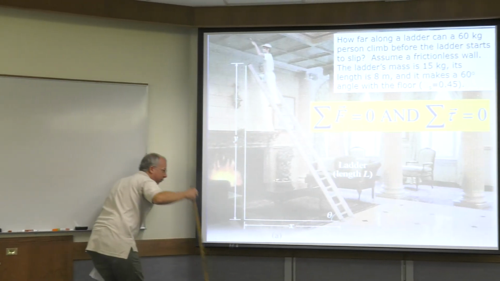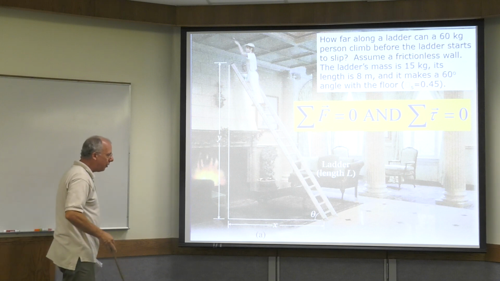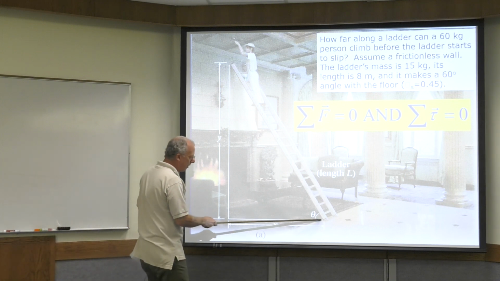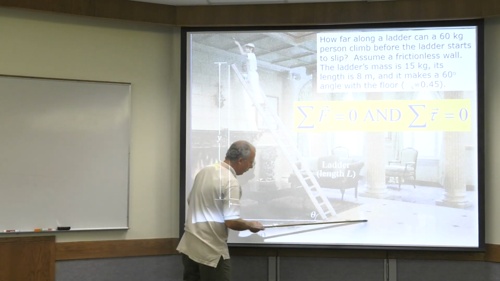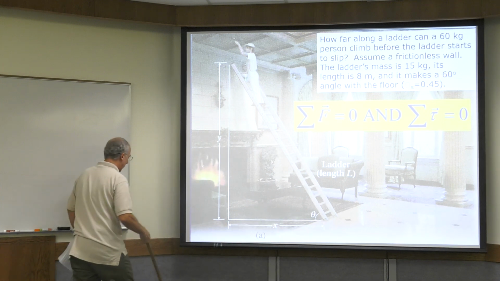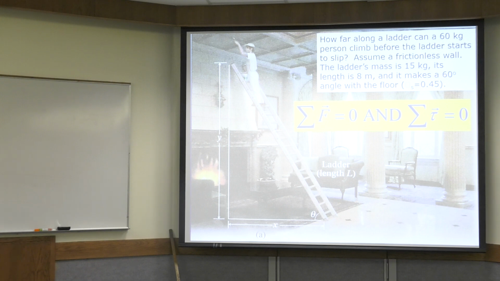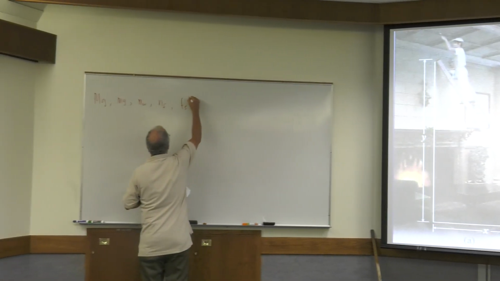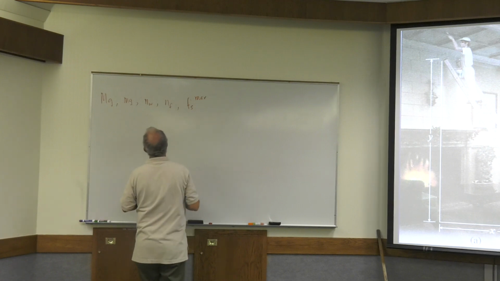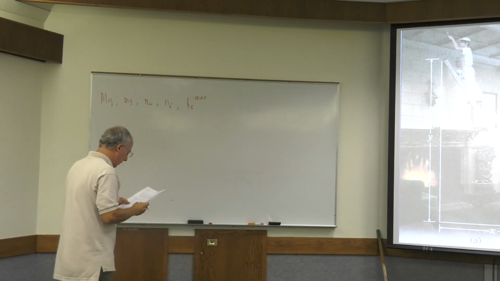Friction, right? Now, what's the direction of friction? If this were ice, that ladder would go this way, right? So the friction has to be this way. And we want to see how far can the guy go. So we want Fs max. So we have 1, 2, 3, 4, 5 forces.